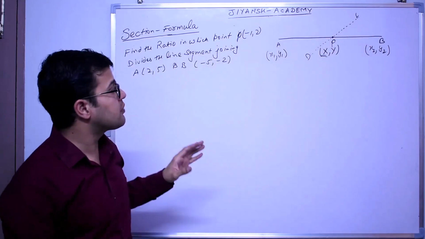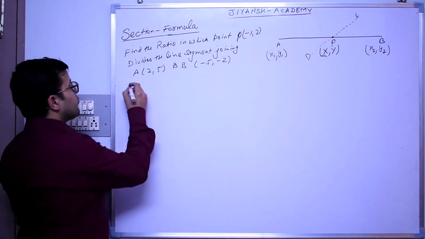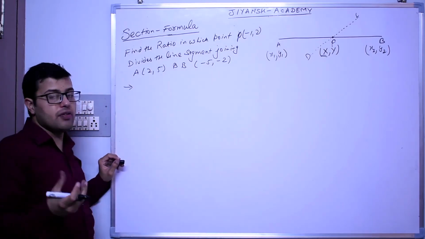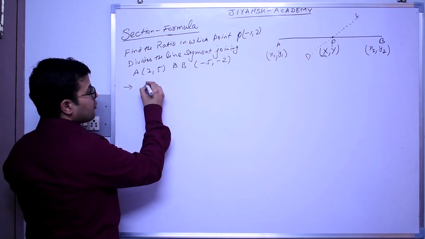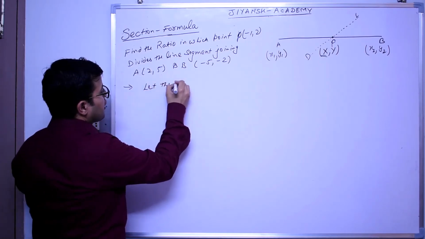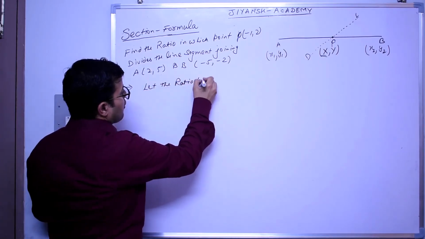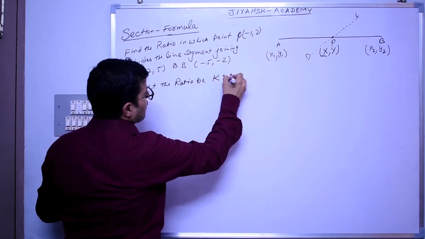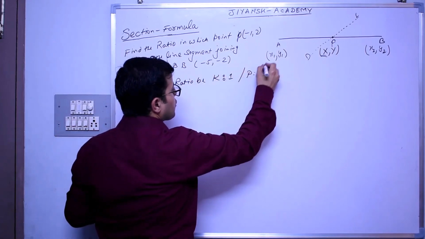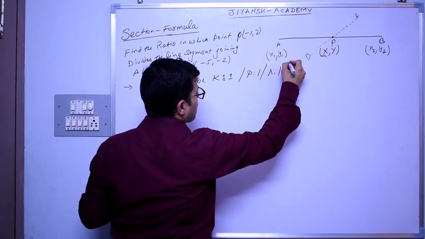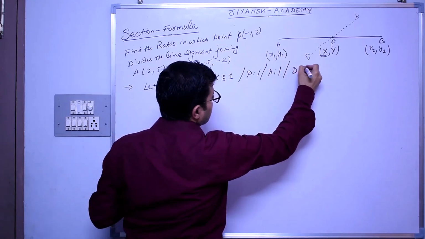So whenever you are supposed to find the ratio, you will take the ratio in any variable form. So we'll assume let the ratio be k ratio 1, right? You can take it as p ratio 1, you can take it as lambda ratio 1, you can take it as any value, that is d ratio 1.